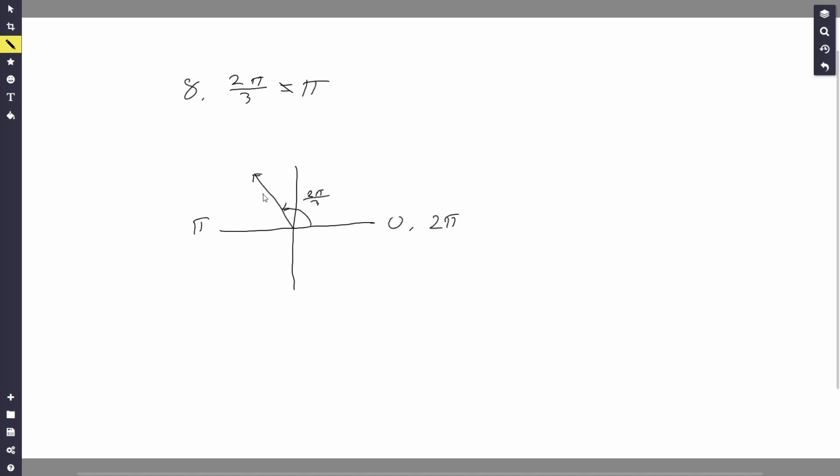Because of that, I need to know what angle in radians I need to take to get to pi. Now again, this is kind of simple. You can just take pi and subtract 2 pi over 3, and you'll get 1 pi over 3, I believe.